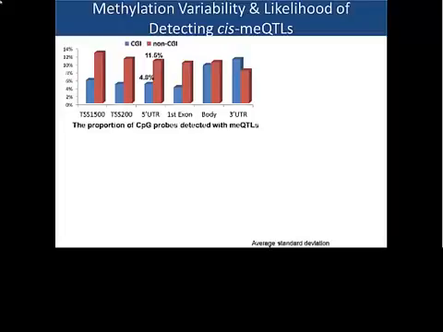For example, for the category of 5' UTR located in the CpG island regions, we found that only 4.8% of the CpG sites were detected with methylation QTLs. But for the 5' UTR probes located in the non-CpG island regions, we detect about 11.5% to be methylation QTLs.